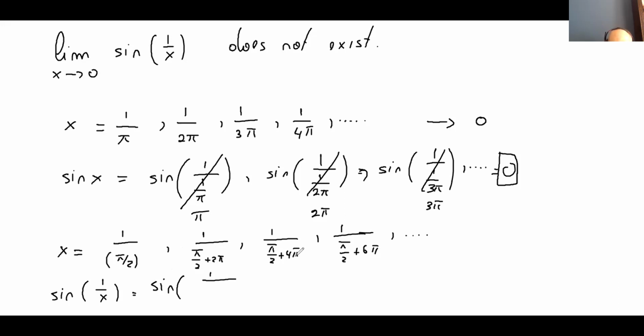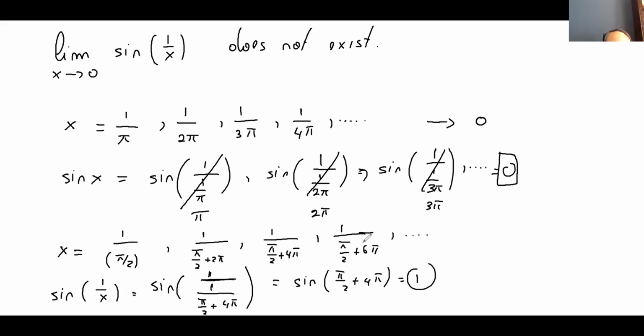So for example, sine of 1 over pi over 2 plus 4 pi. When you flip over this thing, it's going to end up being sine of pi over 2 plus 4 pi. And this ends up being 1, folks. So that's the main point.